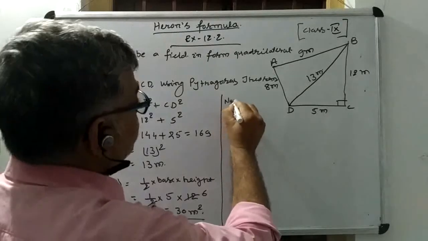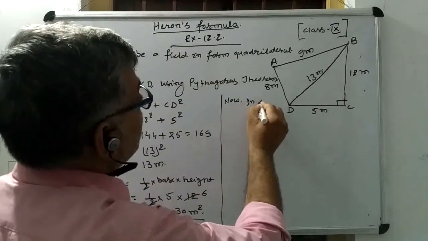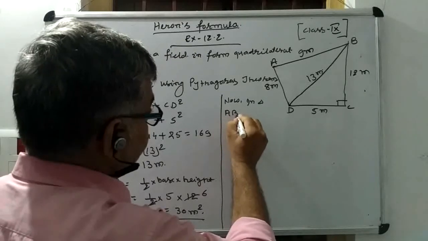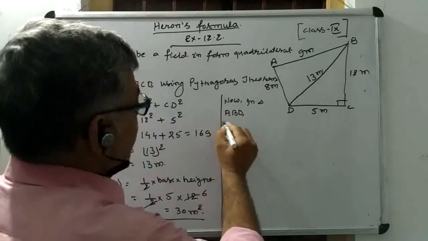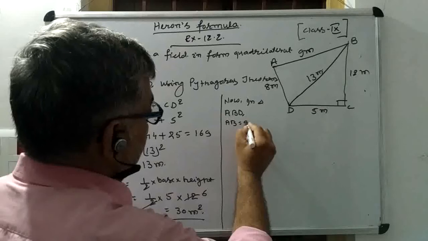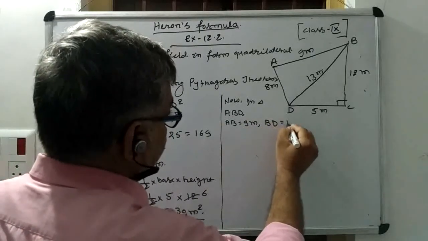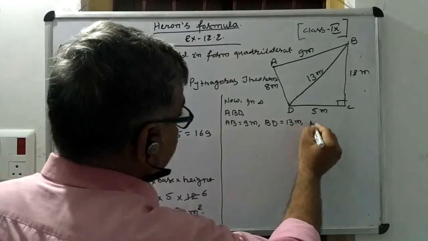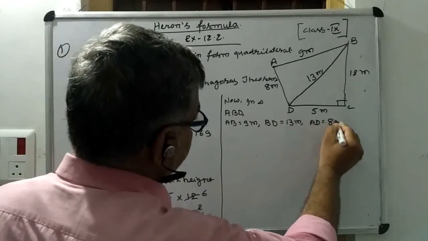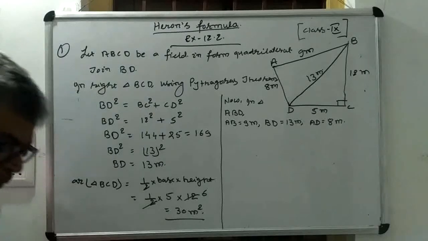Now in triangle ABD, we have AB equals 9 meter, BD equals 13 meter, and AD equals 8 meter. All three sides are known.